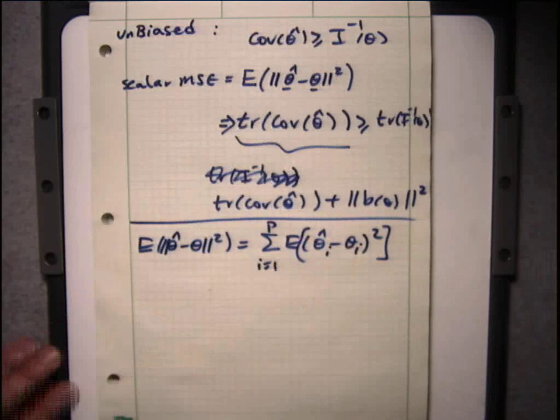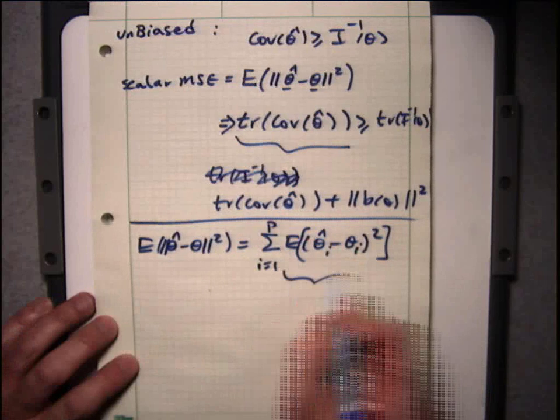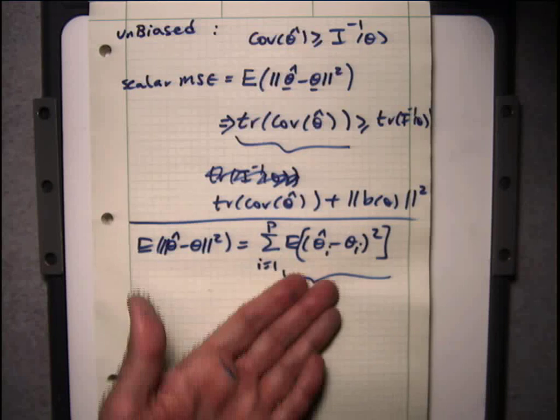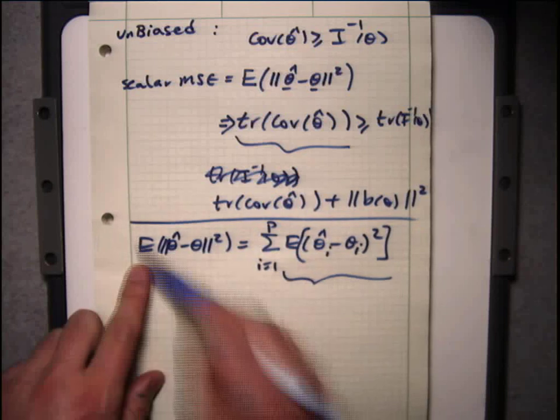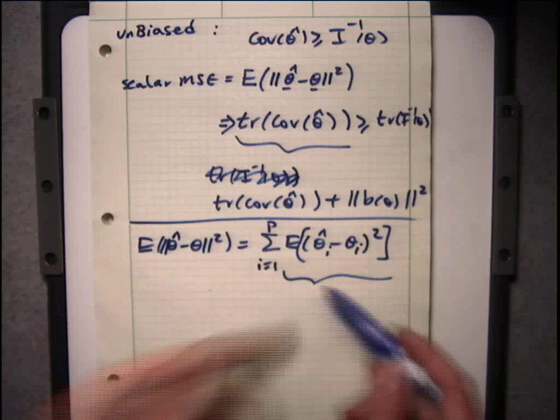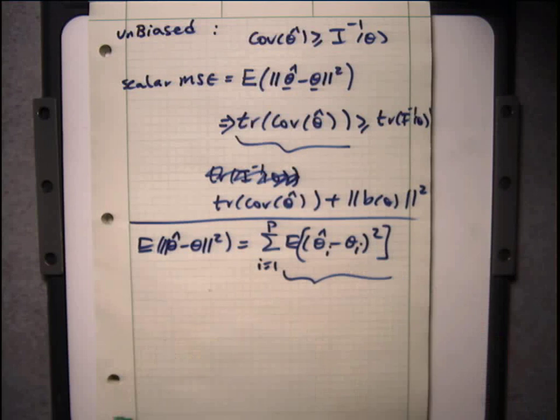Those are the number of parameters that you have. This is what you call the mean squared error for each one of those estimators. So in other words, the overall mean squared error for the entire vector, thought of as a single scalar, is the sum of the mean squared errors for each one of the components.